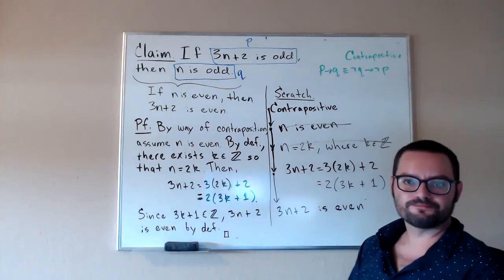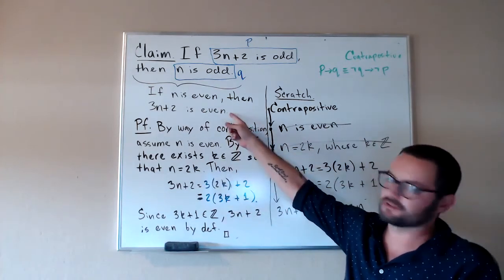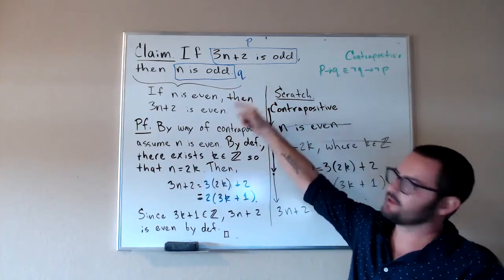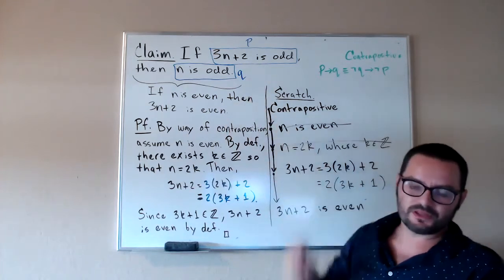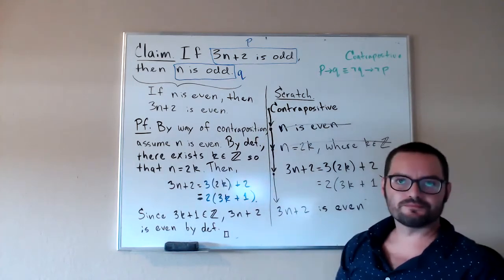And then you're done. So what this has done is a proof of the contrapositive of that statement. Since these are logically equivalent, we've proven the original claim.